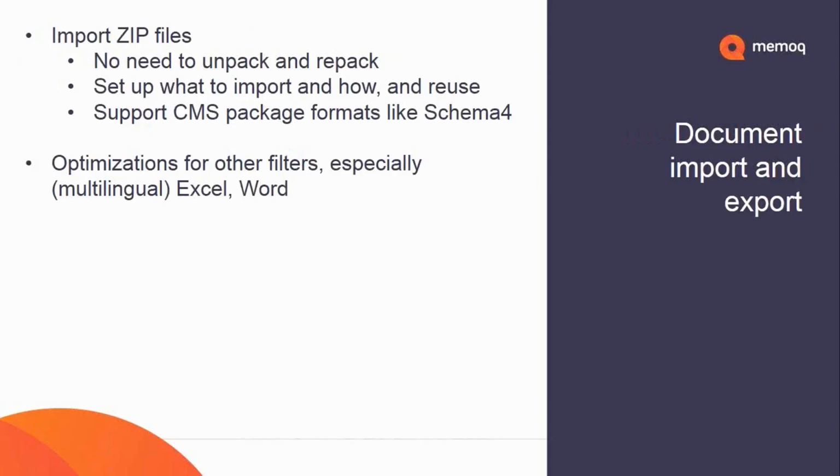So if, for example, you repeatedly receive zip files from a client of yours to translate, then from now on, you do not need to do the stupid manual work of unpacking the files, selecting which files need translation, then feeding them to memoQ, finishing translation, and then repacking them. All of this can be made automatic in the new release.